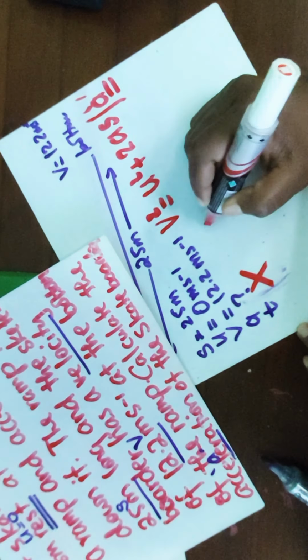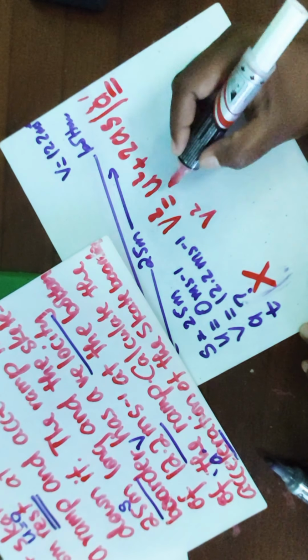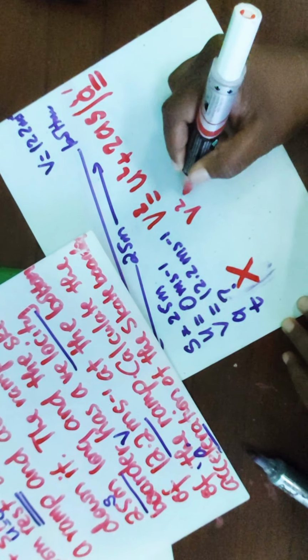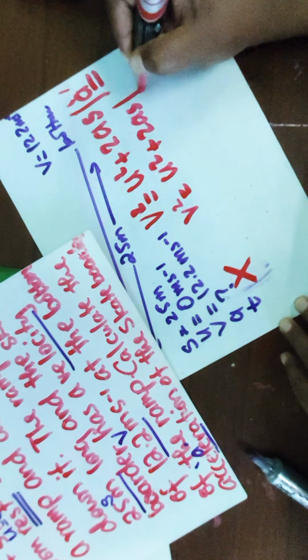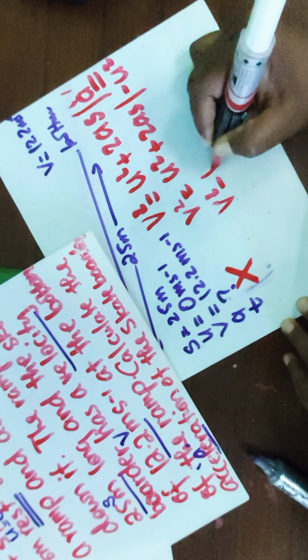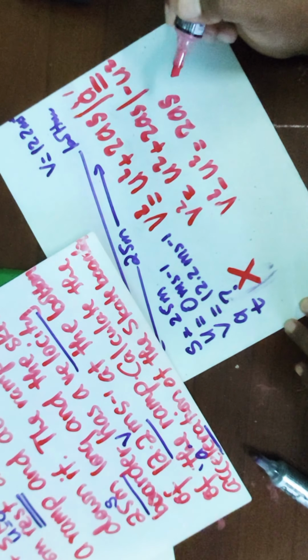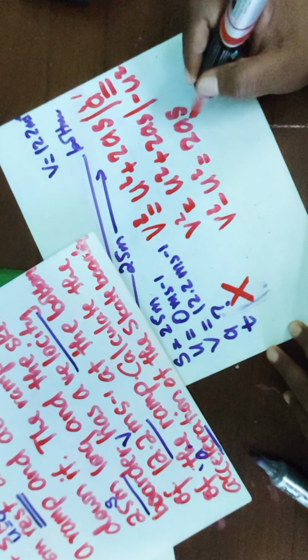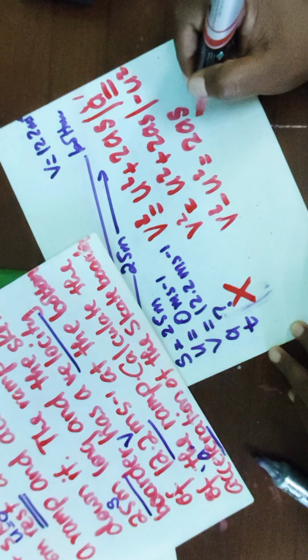Okay, so we have v squared equals u squared plus 2as, and so we're going to minus u squared. So it's v squared minus u squared equals 2as. Note that it is 2 times a times displacement, and we're trying to solve for a.